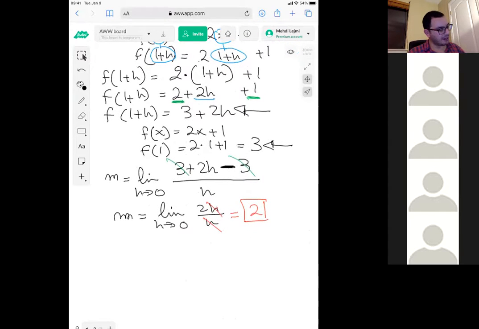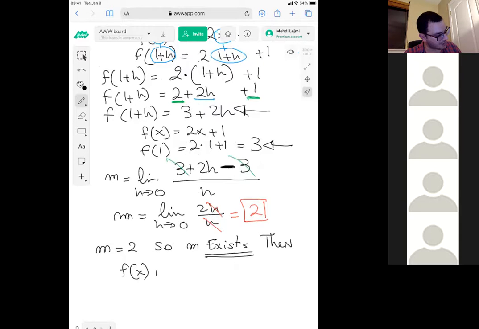But here in this example, my m is equal to 2, so m exists, okay? So if m exists, then f of x is differentiable at a. My a is 1, right? So it's differentiable at 1.